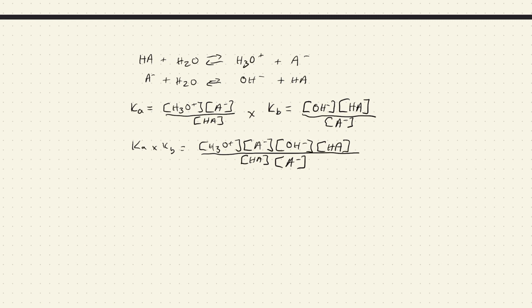And when I look at this, I'm like, hey, wait, a bunch of stuff cancels out, like the anion and the concentration of weak acid. So all I'm left with is Ka times Kb equals concentration of H3O plus times concentration of OH minus. And remember that concentration of hydronium ion times the concentration of hydroxide ion is just Kw. So Kw equals Ka times Kb. You will need that to do some of these problems.